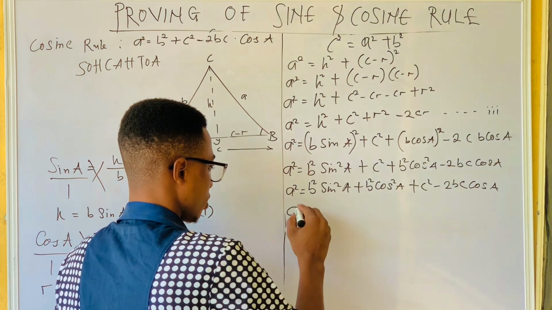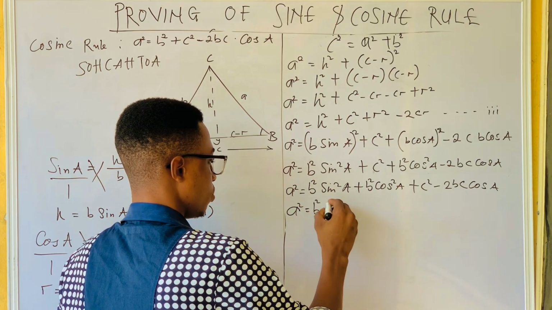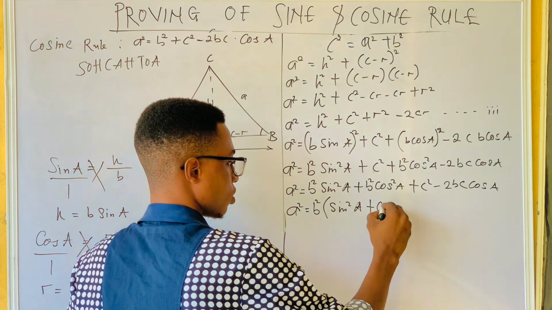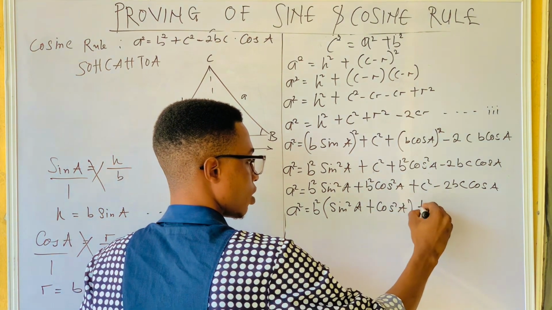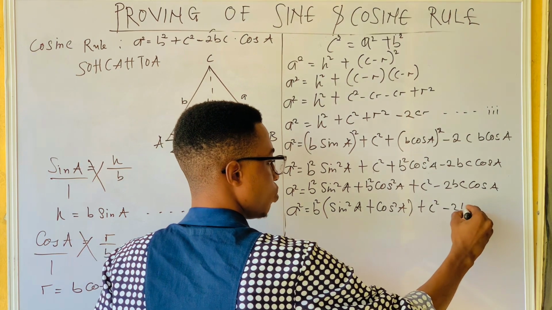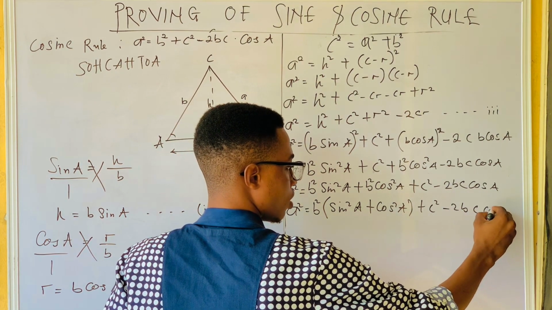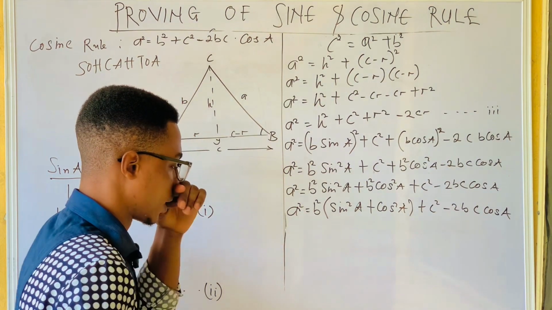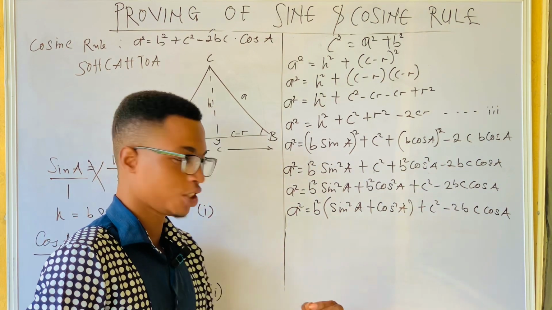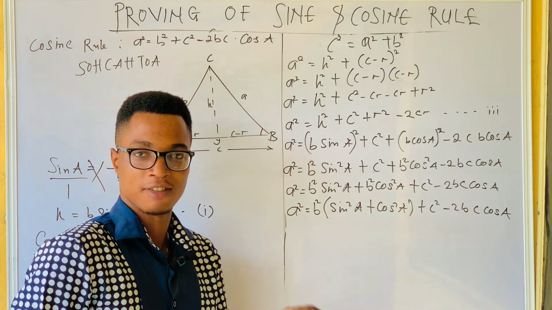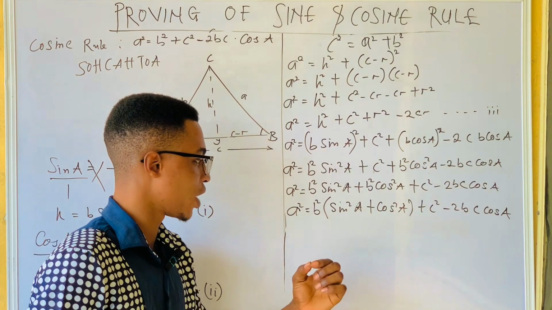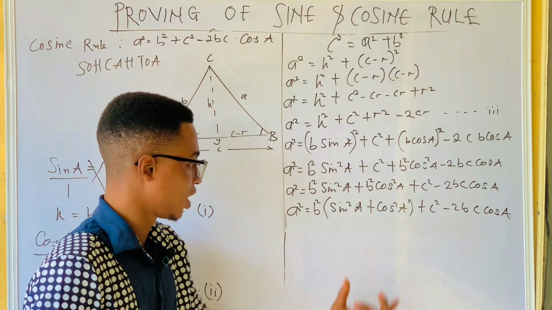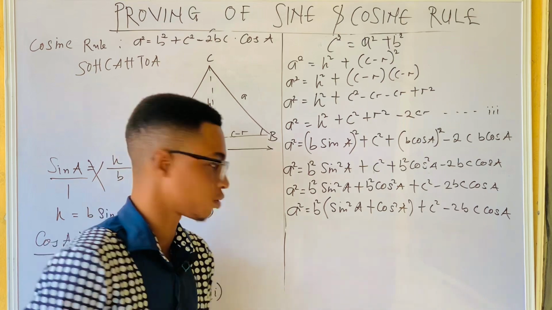So we have a squared equals b squared times sine squared A plus cos squared A, plus c squared minus 2bc cos A. Now I would like to take our mind back to trigonometric identities, and the first identity is cos squared A plus sine squared A is equal to 1, meaning that everything here becomes 1.